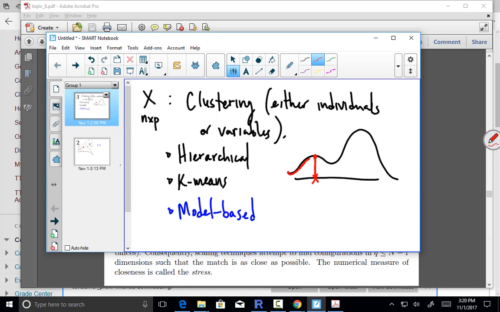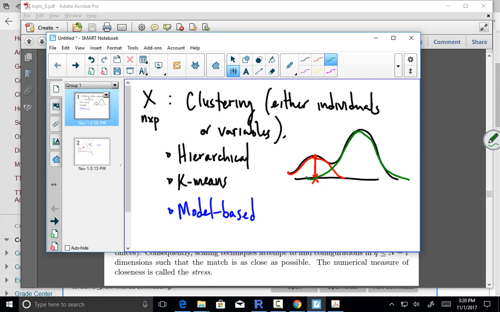So imagine this mixture picture is kind of what's going on. There's two distributions that are overlaid on each other. That red X could have come from the red distribution, or it could have come from the green distribution. It's more likely it came from the red distribution because there's more probability centered there for the red distribution than there is for the green.